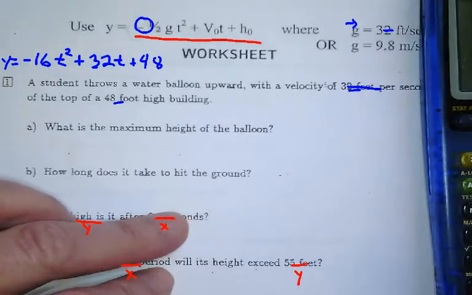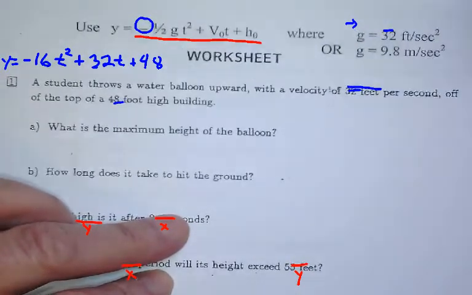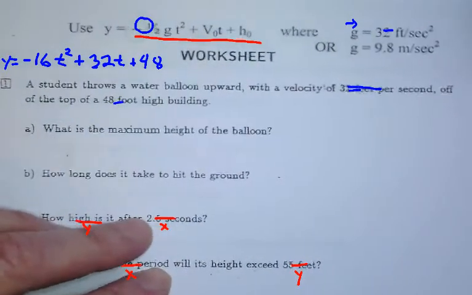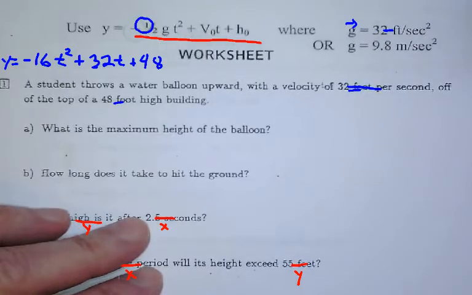So the coordinate of my vertex, what happened to my vertex? Okay, so I'm going to draw my picture over here again. The coordinate of this vertex is 1, 64. So what does that tell me?